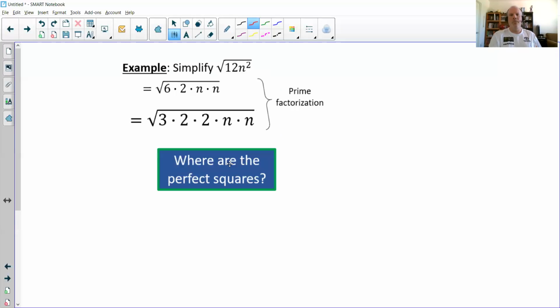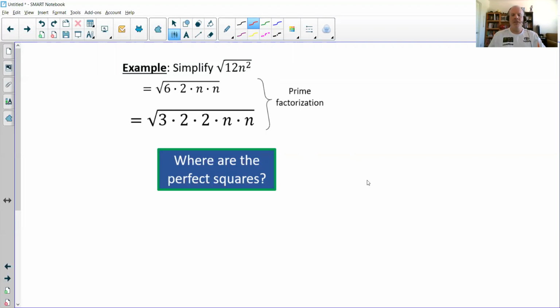We can continue to break that down even further because 6 breaks down to 3 times 2. And notice this 2 is still there, as are the 2 n's from the n squared. So now we have factored 12n squared down to its prime factors.